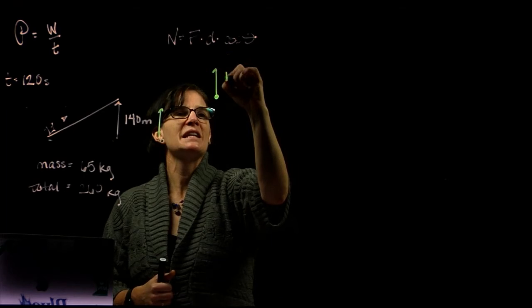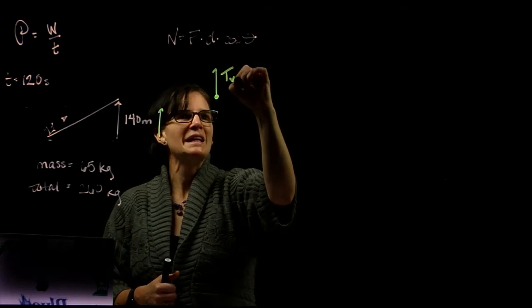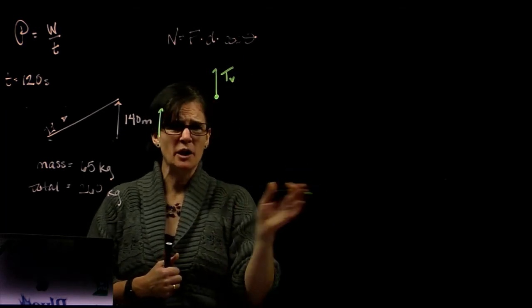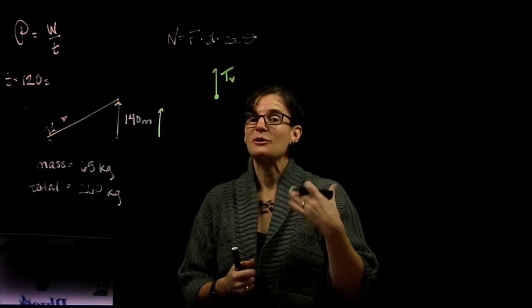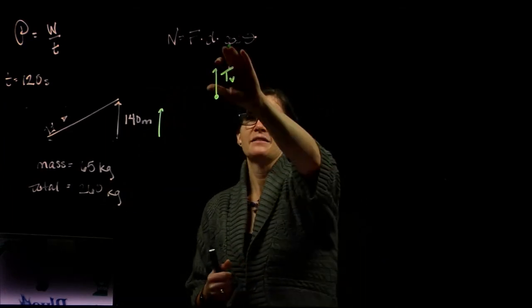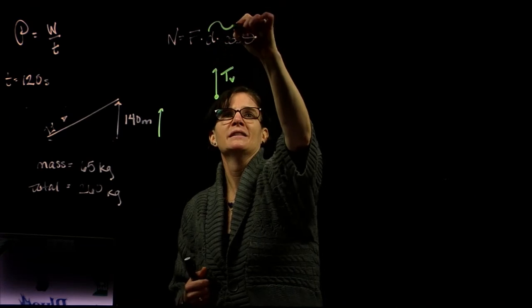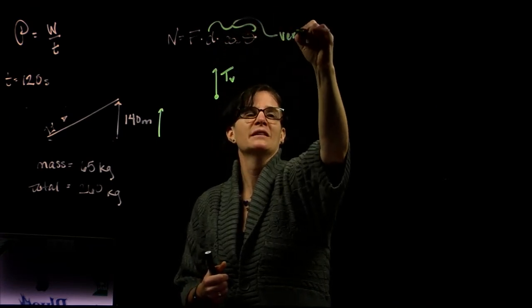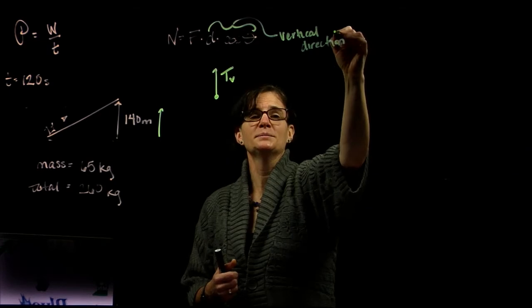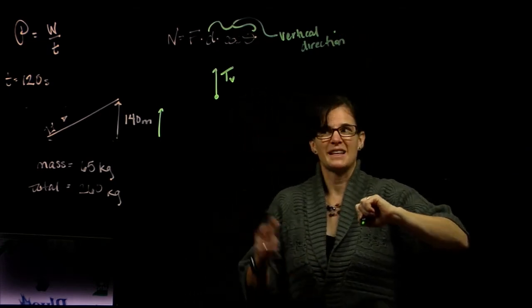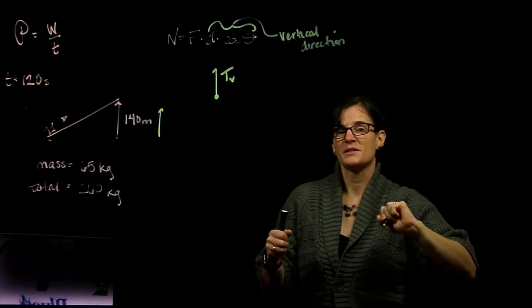So this is the tension of that tow rope in the vertical direction. There's probably also a tension in the horizontal direction, I just don't care about it because I'm looking at the work being done. It has to be in the vertical direction because that's what I'm given: that 140 meters.